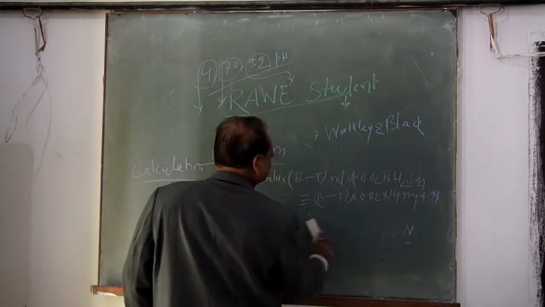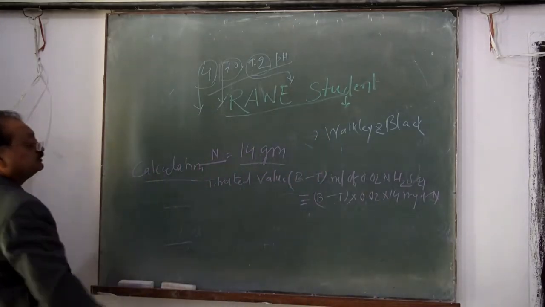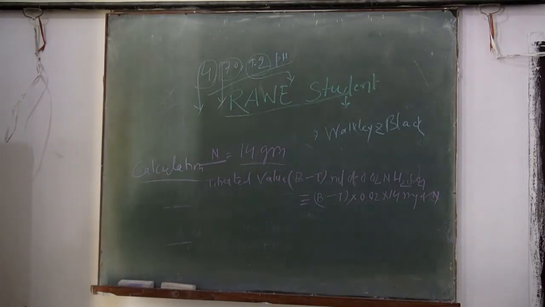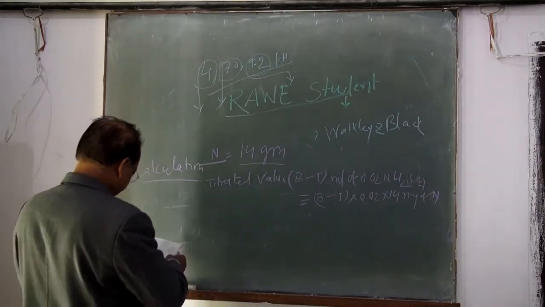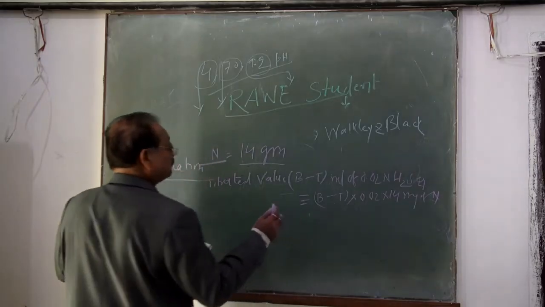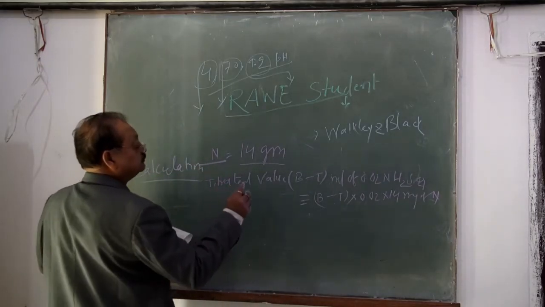It's a simple calculation, nothing to worry. So in this way, if you calculate everything, it will come. And what was the amount of your soil sample? That was 20 grams.